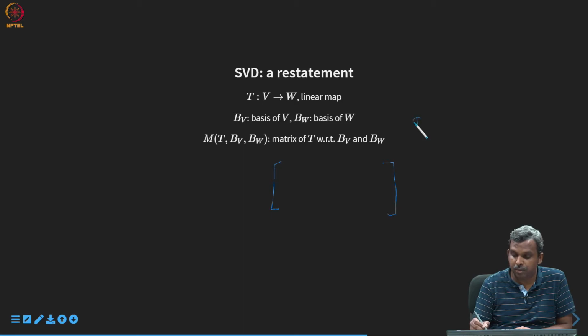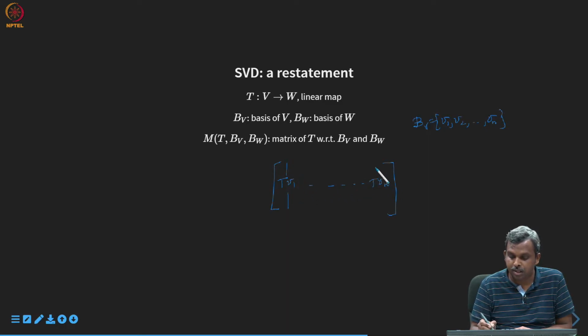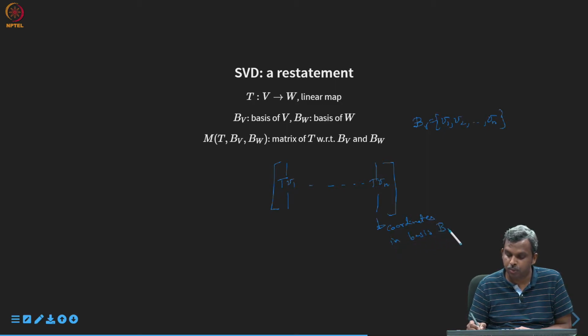Supposing B V is V1, V2, ..., Vn, what is this? This is T V1, ..., T Vn, each written in coordinates in basis B W.